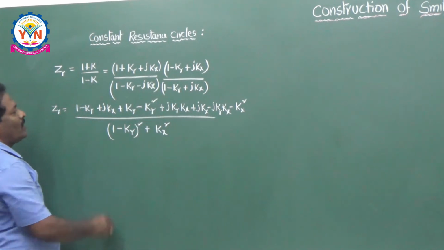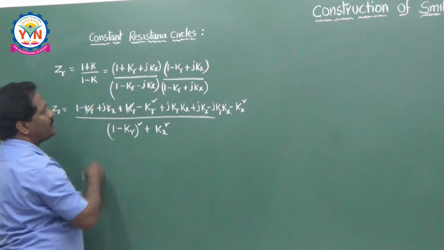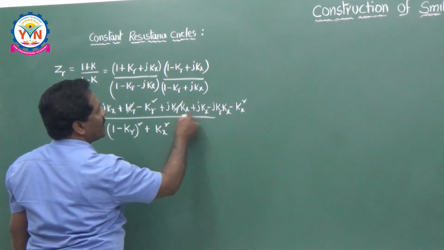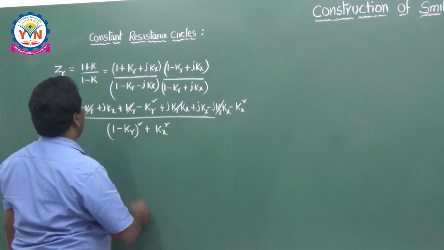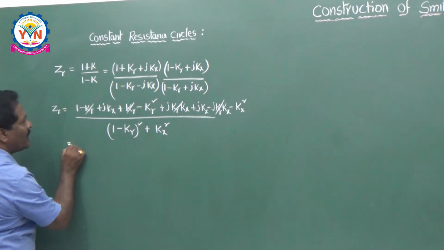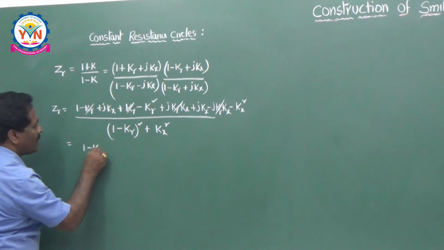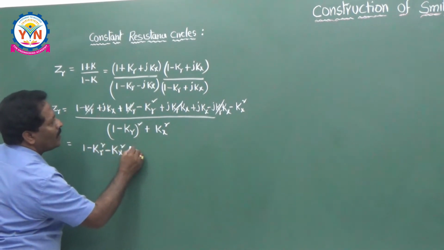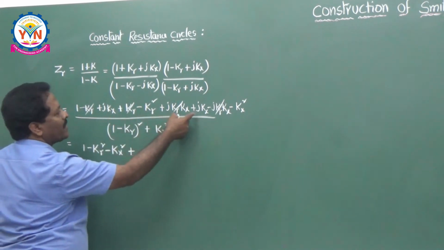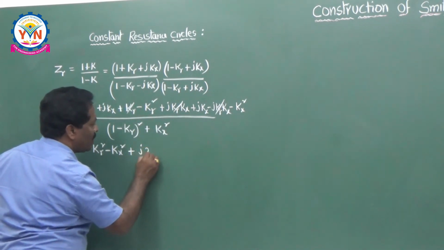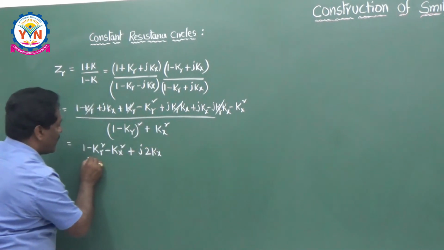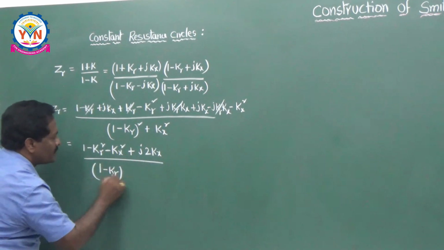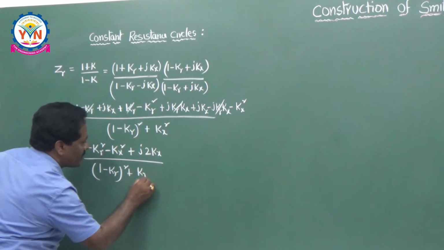Now here kr and kr will be cancelled, and this plus j kr kx will be cancelled, and this will be simplified as 1 minus kr square minus kx square plus jkx plus jkx, 2j kx, divided by 1 minus kr whole square plus kx square.